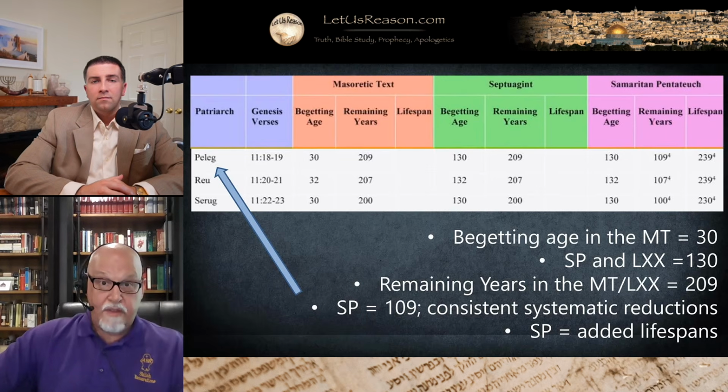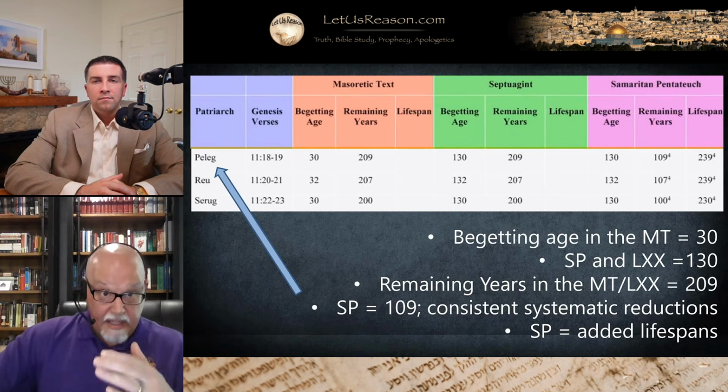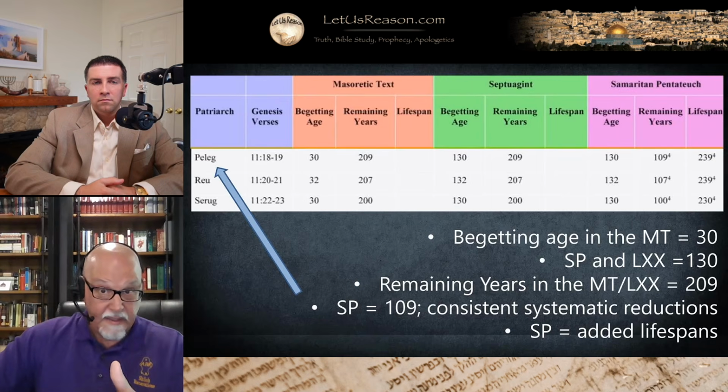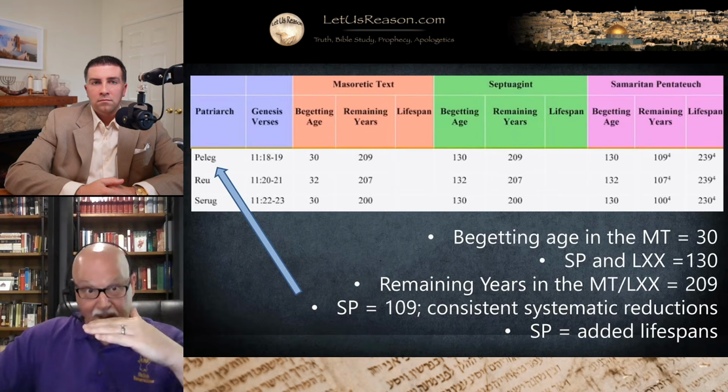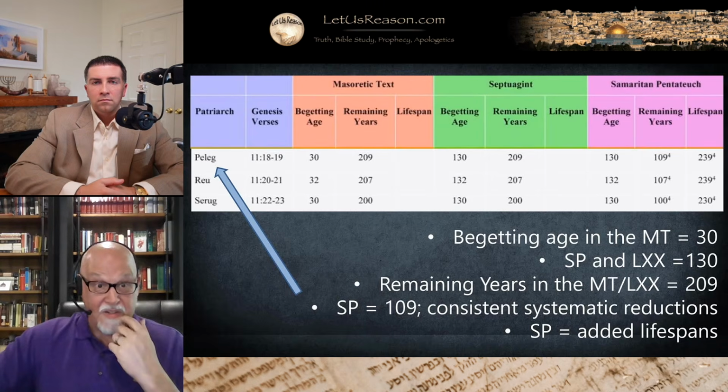But we see here that the Samaritan Pentateuch and the Septuagint both equal 130. And then the years that he lived after Reu was born, 209 in the Septuagint, but 109 in the Samaritan Pentateuch. And we see those consistent deflations in the Samaritan Pentateuch.